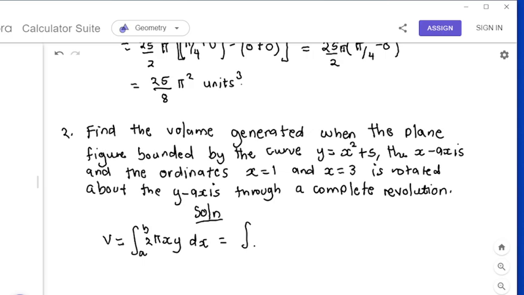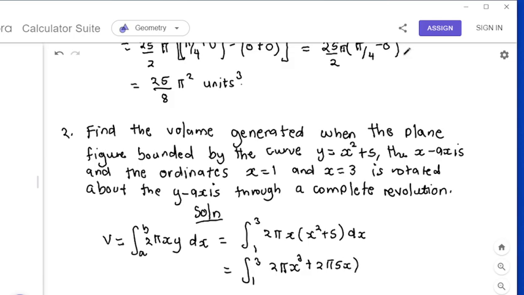So in our case it's from 1 to 3, 2 pi xy. xy is x into y, which is x squared plus 5 dx. This is equal to the integral from 1 to 3 of 2 pi x cubed plus 2 pi 5x dx.